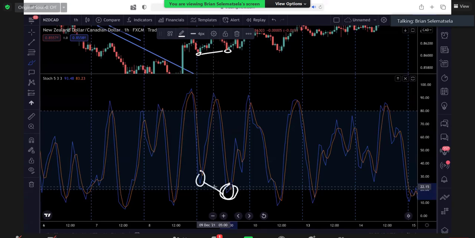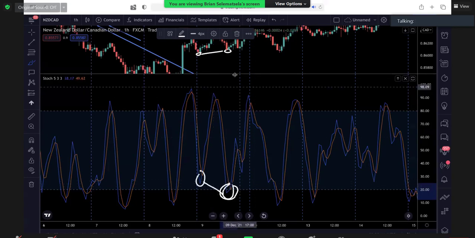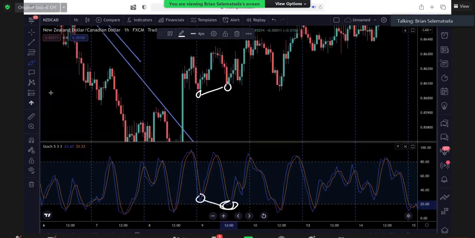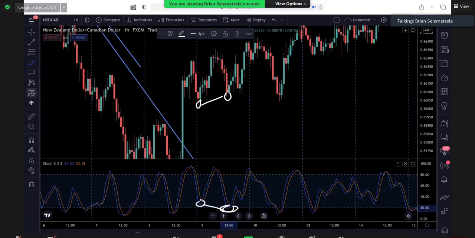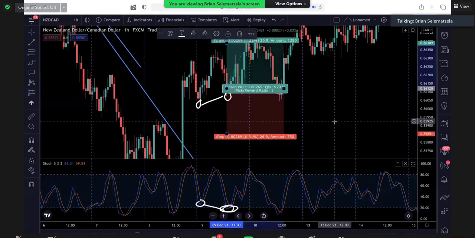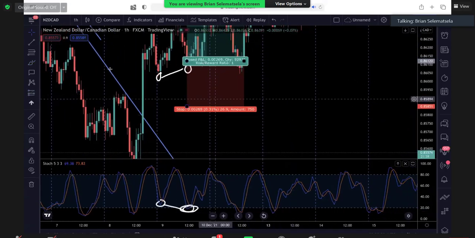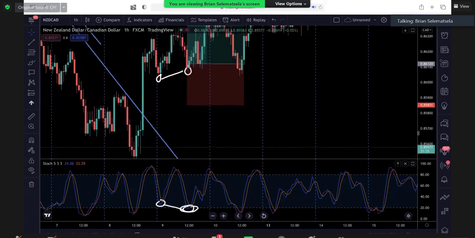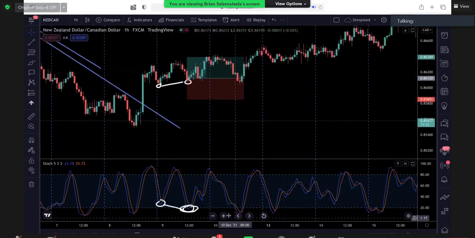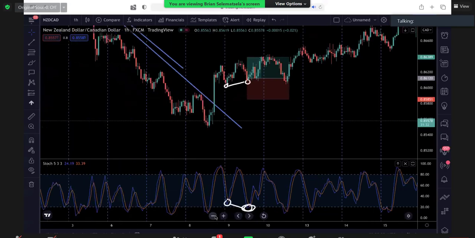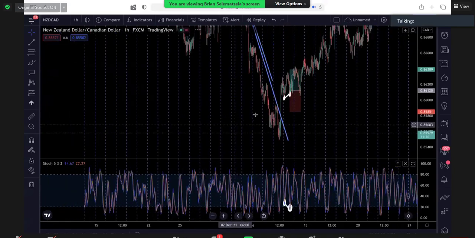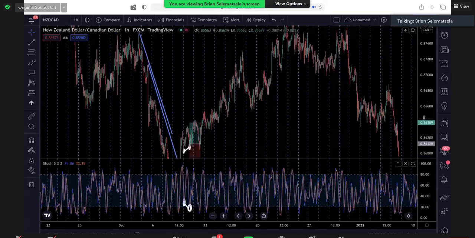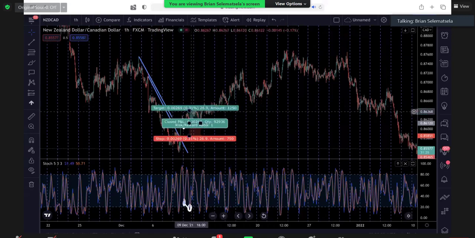Then that's when you will start making your execution, and you'll be making it there. From there, the market will go in your direction, as you see it has happened there.